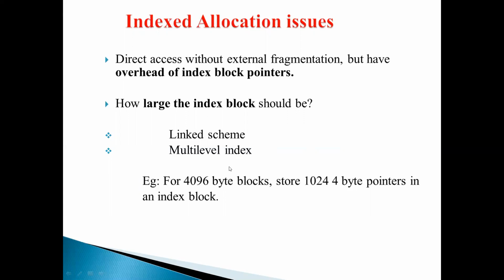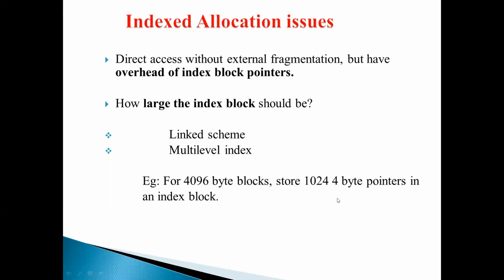And the second scheme is by using multi-level index. Multi-level index means we use a first level index block, which in turn will point to a second level index block, which in turn will point to the actual file blocks. For example, if I have 4096 byte blocks, I will store 1024 pointers in an outer level index block.